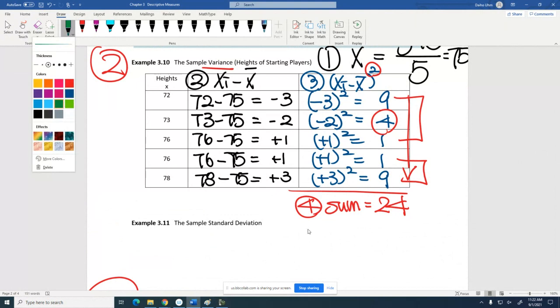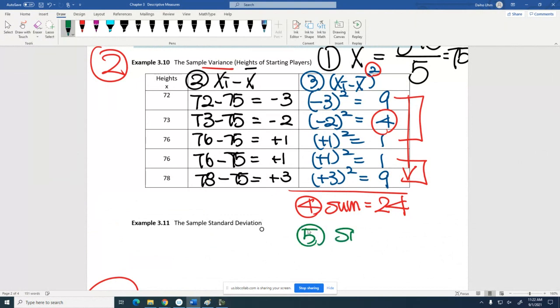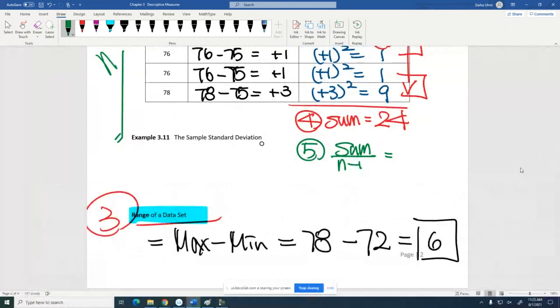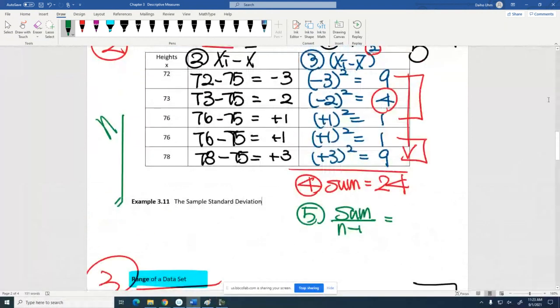Step number 5, divided by n minus 1. What is the n? N was the sample size, and now we had 5. So 24 divided by 4, 5 minus 1. 24 over 4. How much? 6.